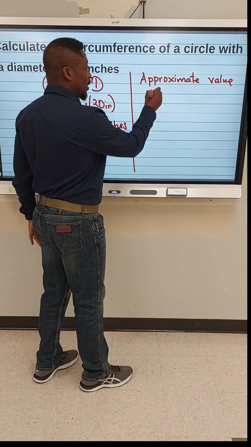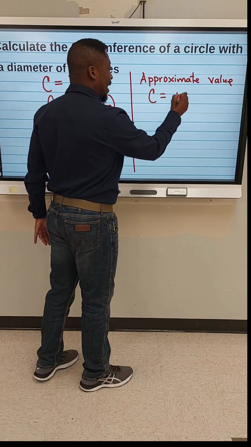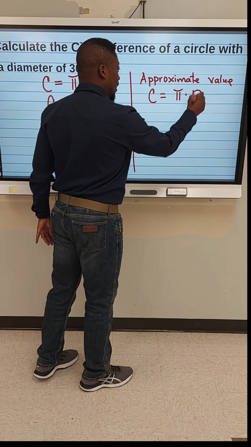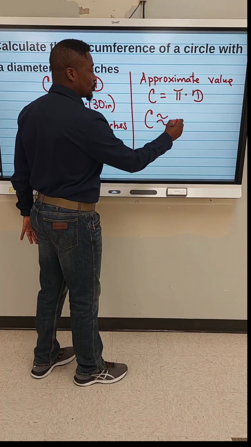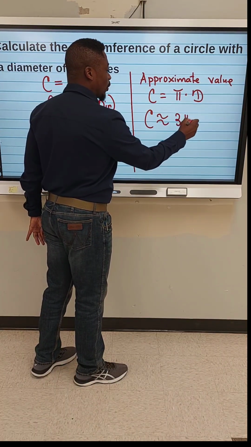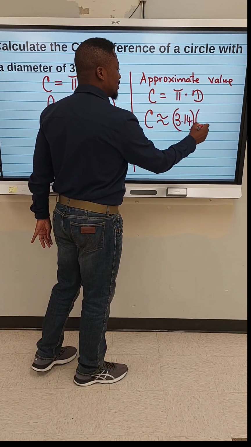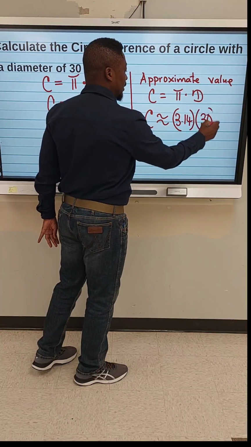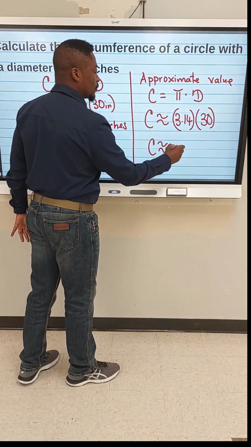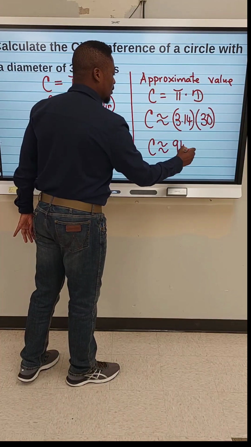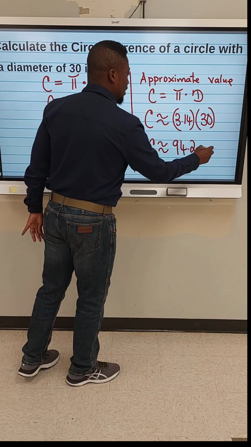We know that circumference is equal to pi times diameter, so the circumference is approximately equal to 3.14 times the diameter of 30. And so the circumference is approximately equal to 94.2 centimeters.